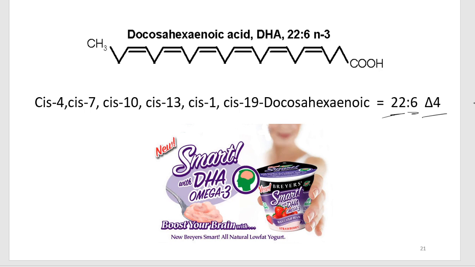We can also write positions of all double bonds like this: 4, 7, 10, 13. Oh, it's missing here. It should be 16 here. And 19. Okay, let's move on.